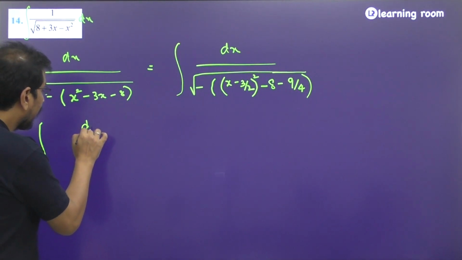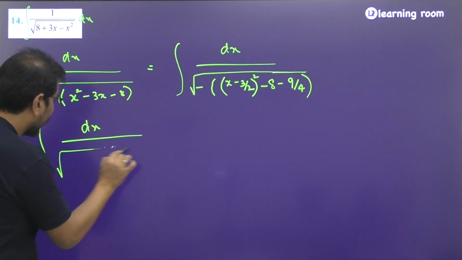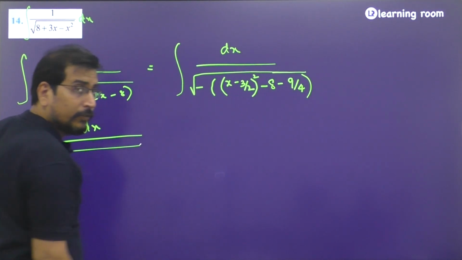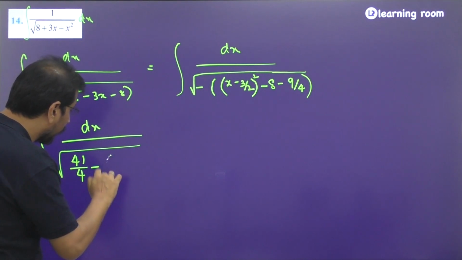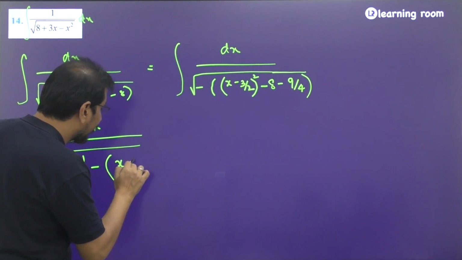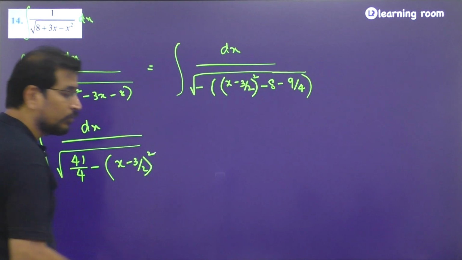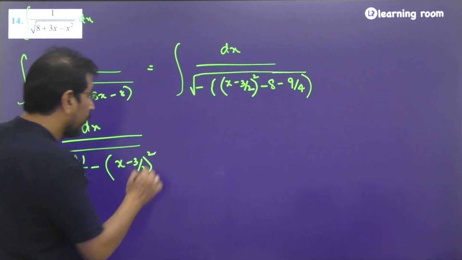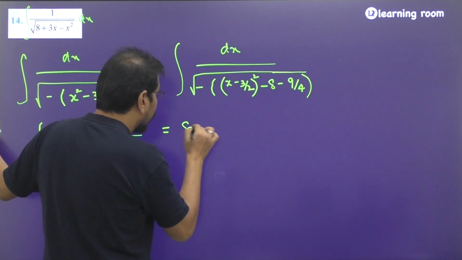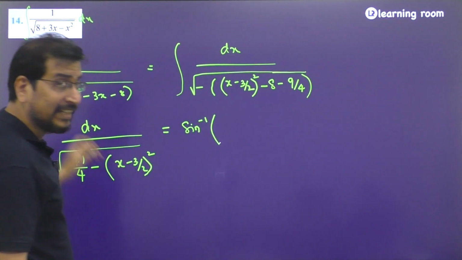So this is going to be the integral of dx divided by the square root of 41 by 4 with a minus sign. So the answer will be 41 by 4 minus (x minus 3 by 2) the whole square. Am I right? So what is the integral of 1 by root of a square minus x square? It is sine inverse of x by a.